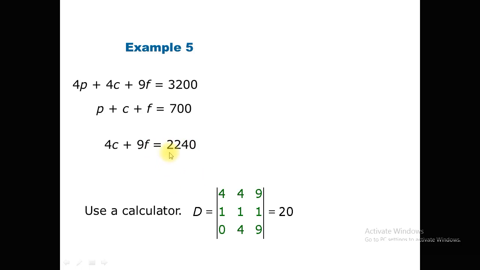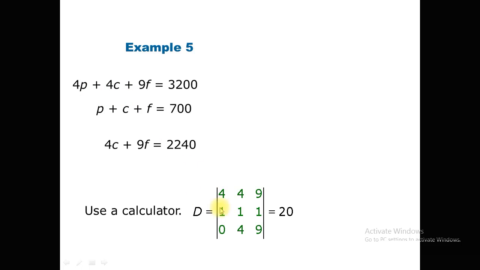So the coefficient matrix contains the entries 4, 4, 9, then 1, 1, 1, and in the third equation the coefficient of p is 0, the coefficient of c is 4, and the coefficient of f is 9. So, dear students, in this system the unknowns are p, c, and f.